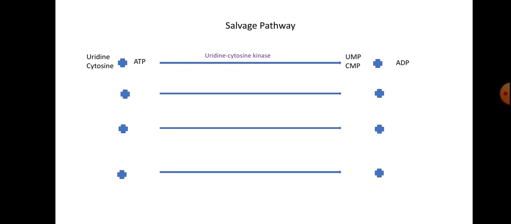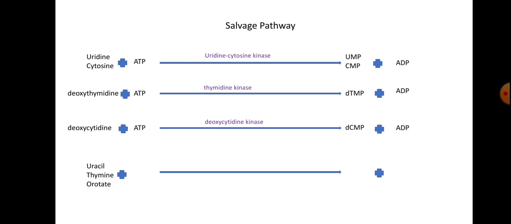And ADP is released. Then deoxythymidine will again react with ATP under the enzyme to give off dTMP and ADP, thymidine kinase is the enzyme. Deoxycytidine again reacts with ATP by deoxycytidine kinase to form its monophosphate.